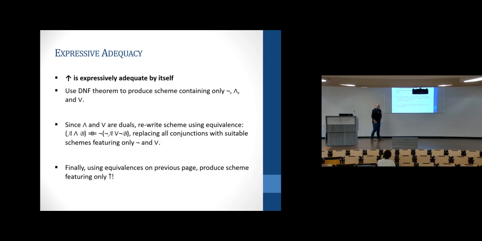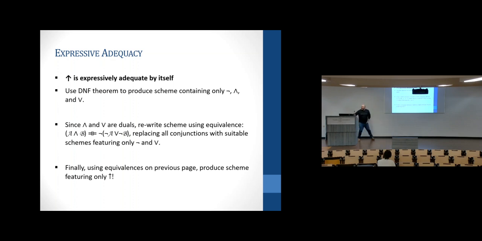First, we can show that NAND is expressively adequate by itself. Here's what we do. Take any TFL sentence you like, use the DNF theorem to produce a sentence using only negation, conjunction, and disjunction. We can then use our duality to replace all conjunctions with only negations and disjunctions.